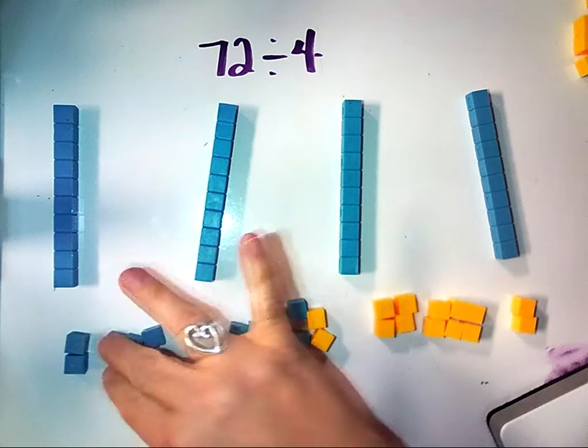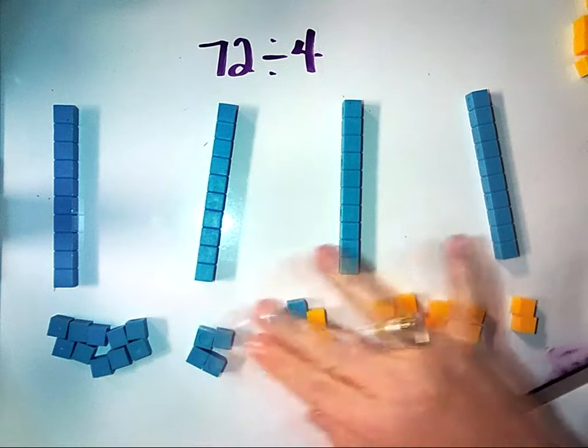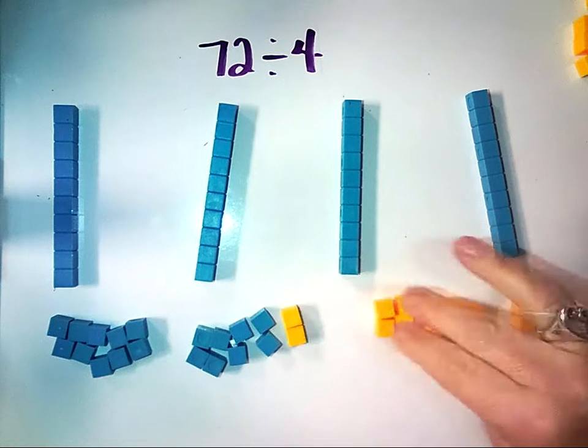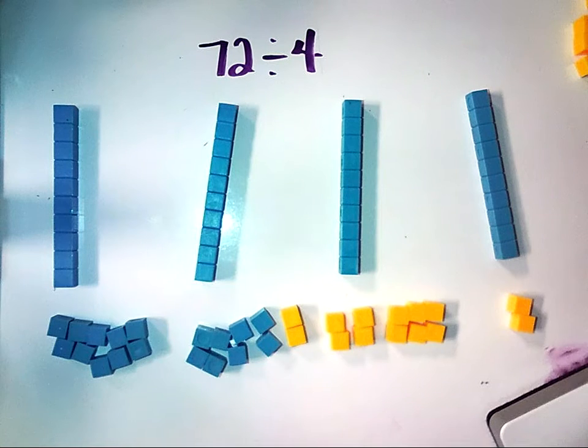So 10, 20, 32, which is what we exchanged it for.